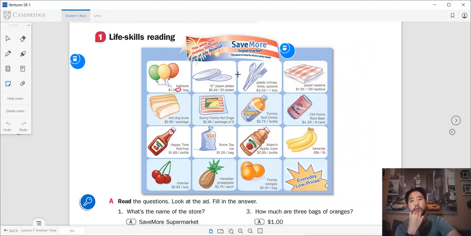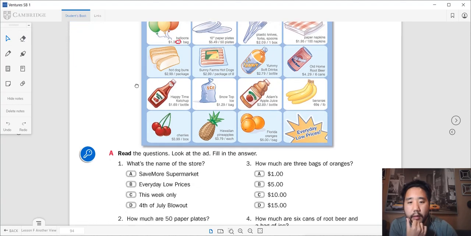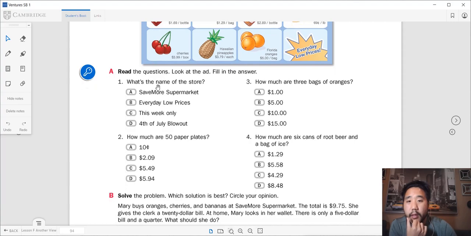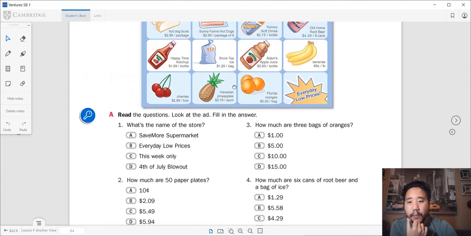Okay, so now we're going to continue on. So here, exercise 1A, read the questions, look at the ad, fill in the answer. Question number 1, what's the name of the store? Oh, we know the name of the store.